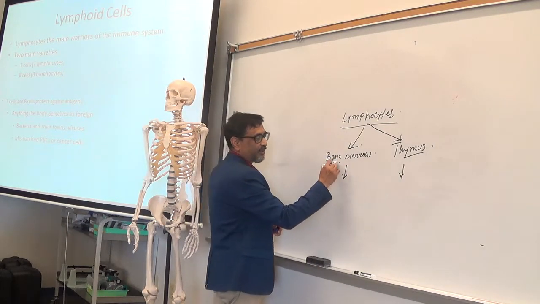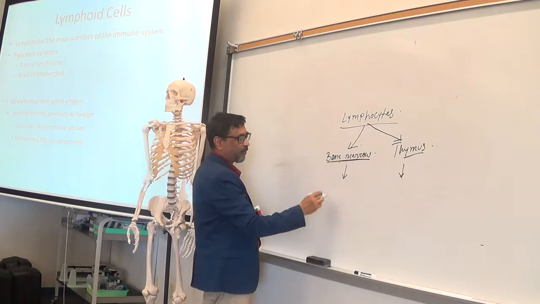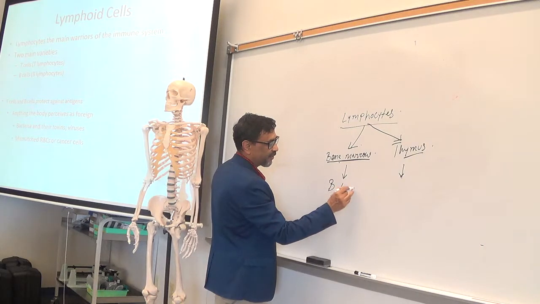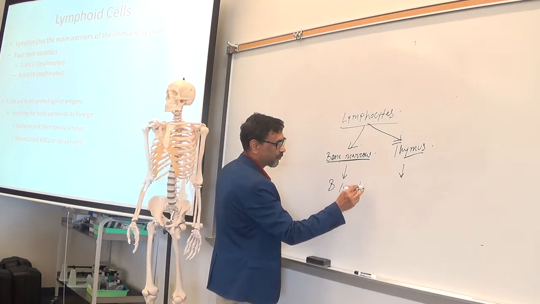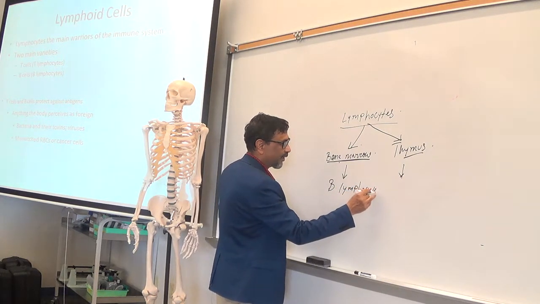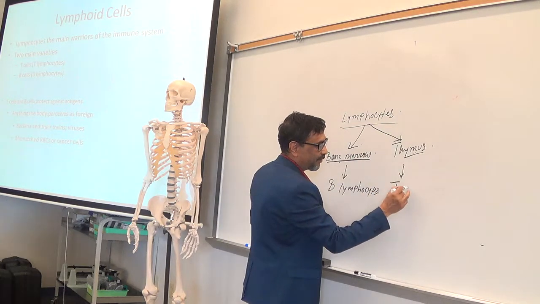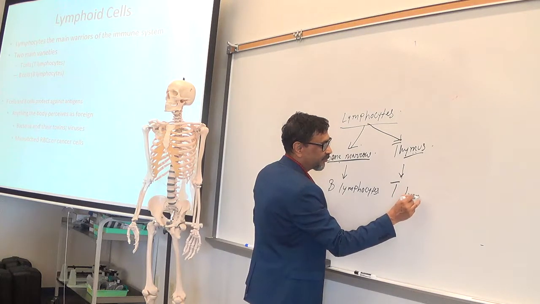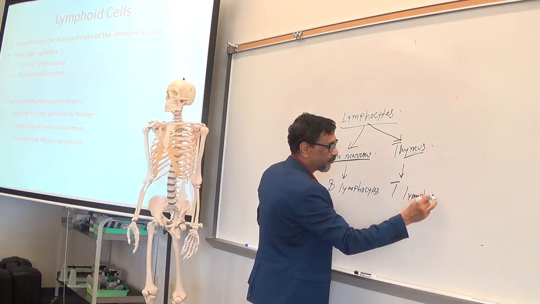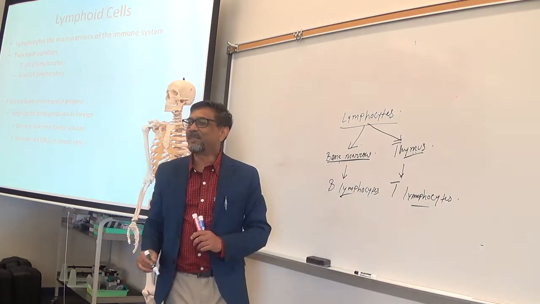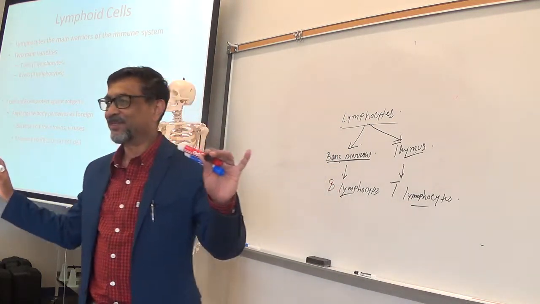Those that get their training in the bone marrow become what? B lymphocytes or B cells. And those that get their training in the thymus become what? T lymphocytes or T cells. Okay? And they learn different things, not the same thing.